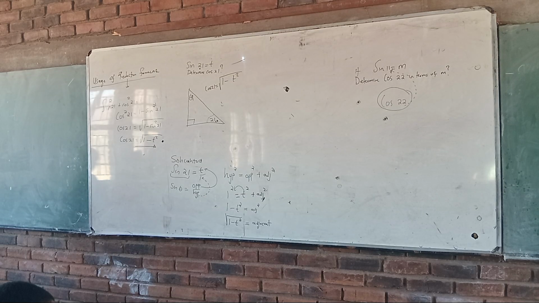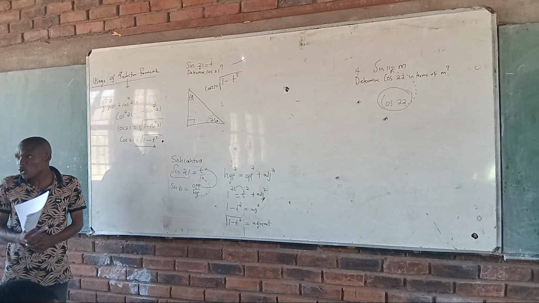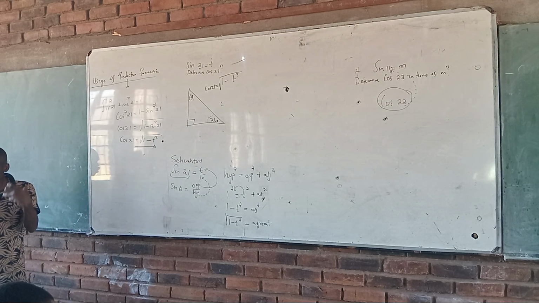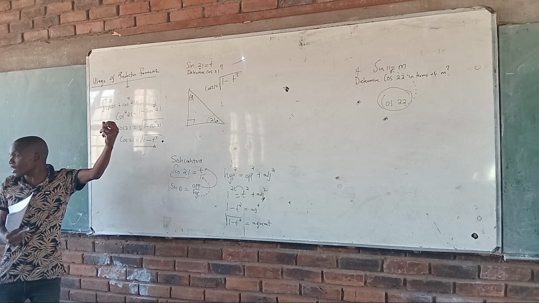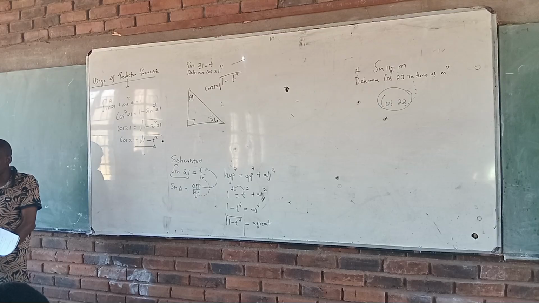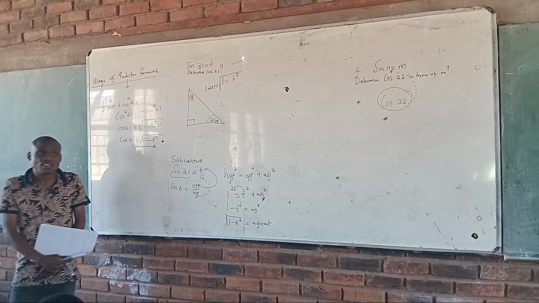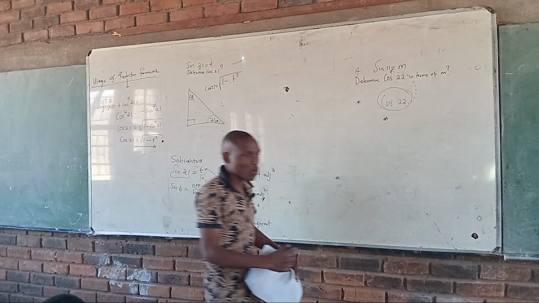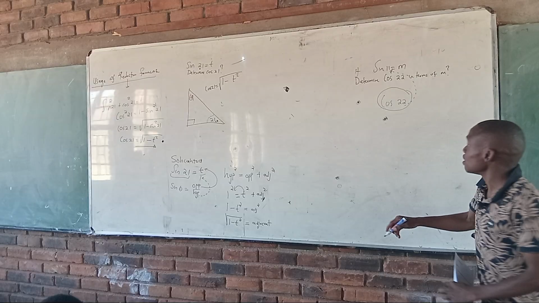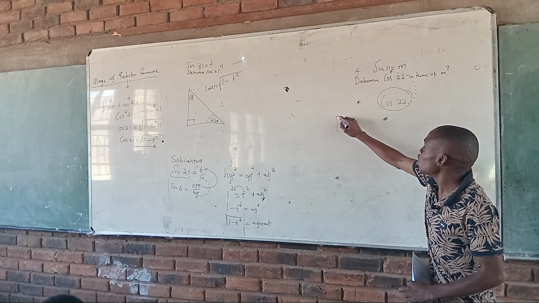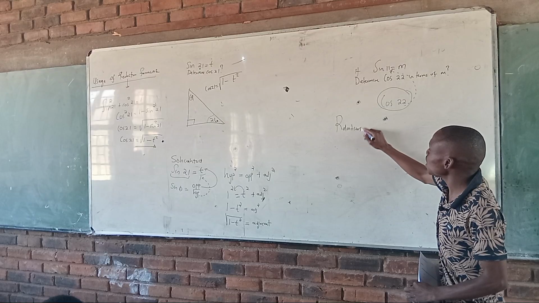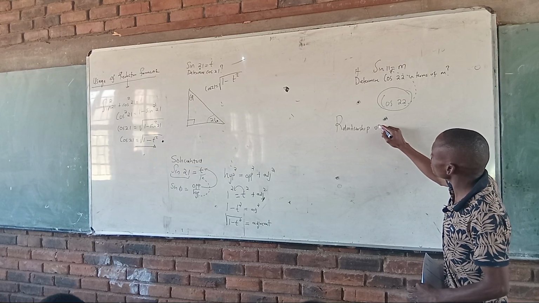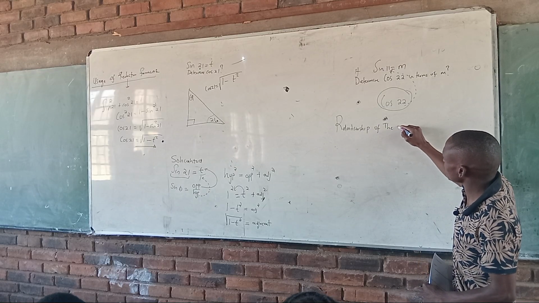Sine 11 is m. What about cos 22? Try by all means to use the angle which has been provided. Okay, this is how we approach this one. Look at the relationship of the angles.